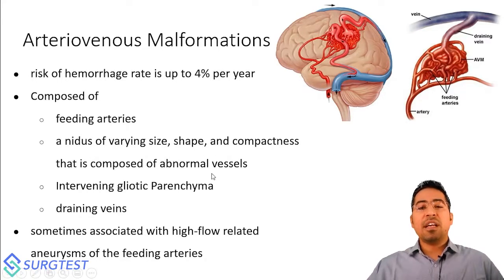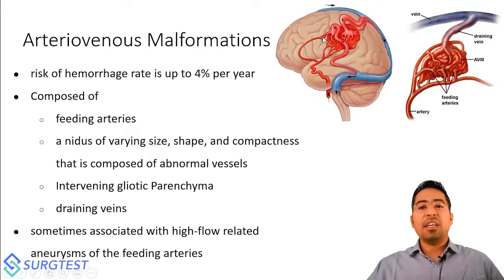And then in between you have gliotic parenchyma. Gliotic parenchyma is parenchyma which has glial cells, that is the supportive neural cells, but no neurons. So it is not eloquent, it is not a functionally active area. It is a non-functional area intervening inside the abnormal tuft of blood vessels.